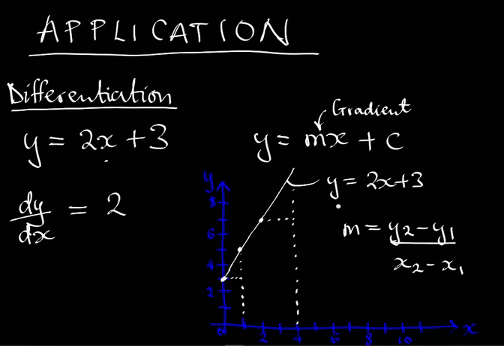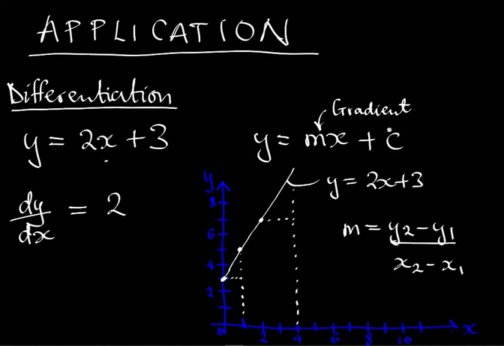Maybe it might be helpful sometimes, but rarely in calculus. In calculus, we'll usually be representing our gradient as a function. And here, this simple concept is going to be taken to all other functions.